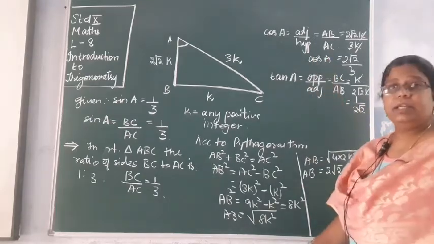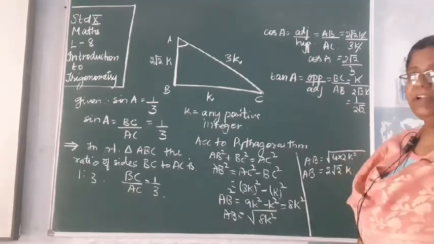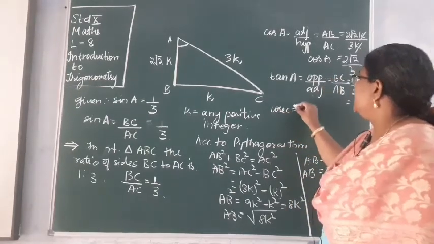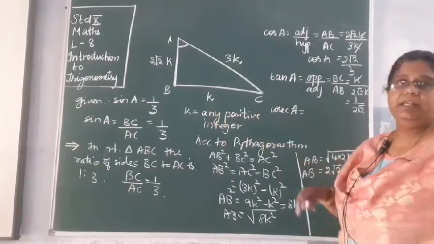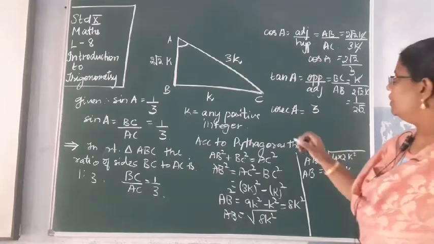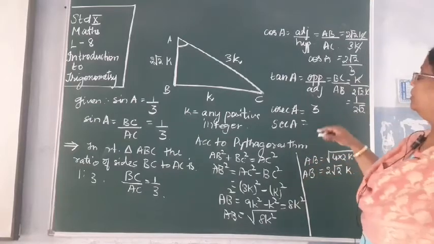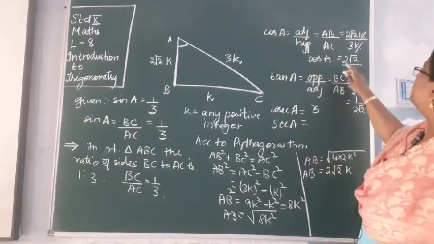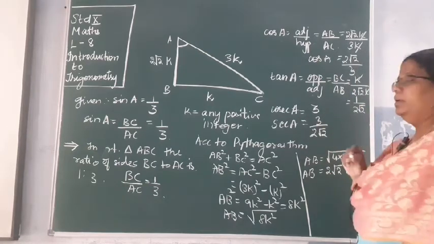अब ये तीन यूज करके हम cosec, sec and cot सब फाइंड कर सकते हैं. So what would be cosec? Cosec A is the inverse of sin A. Sin A I have it with me 1 by 3. So cosec A will be 3 by 1, which is equal to 3. Okay. Then you have sec A, which is equal to inverse of cos. Now cos, what have I got? 2 root 2 by 3. So I have 3 by 2 root 2. ठीक है.